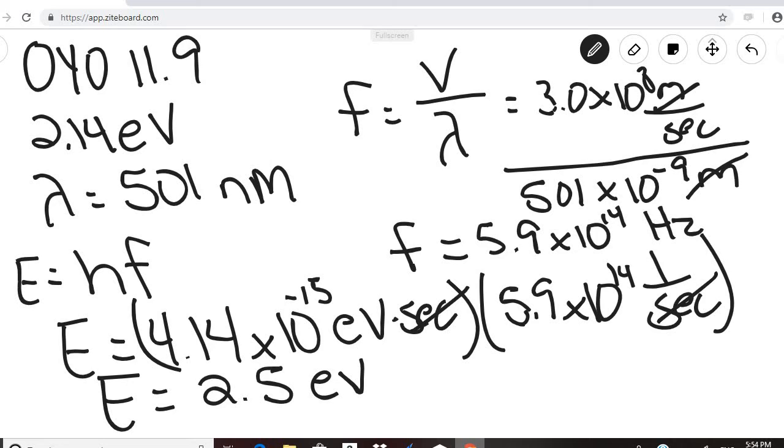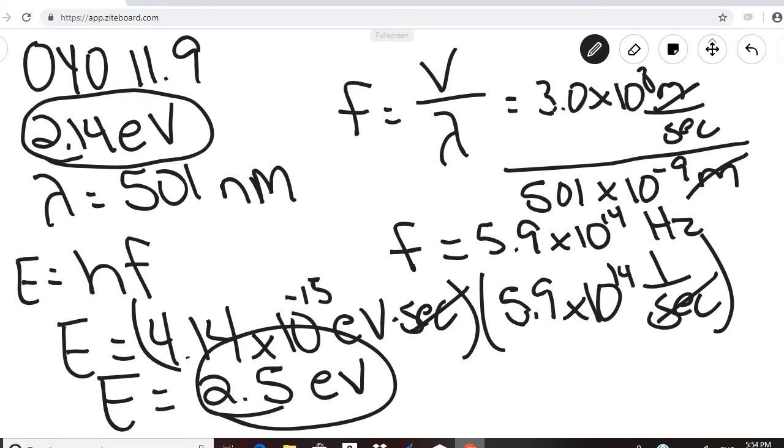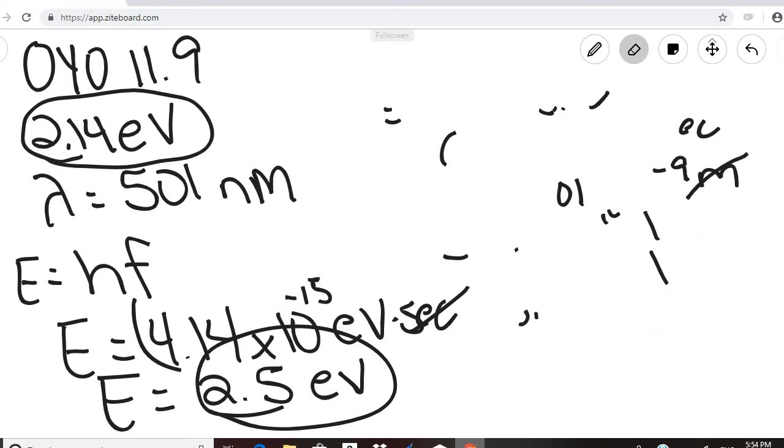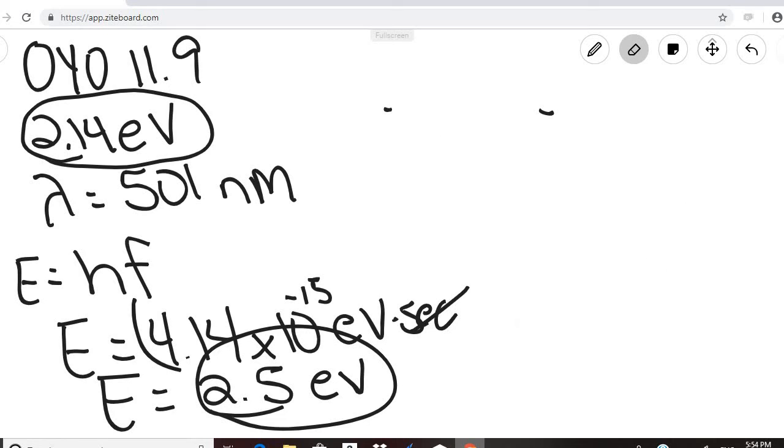Okay, so this is the energy of the green light shining on cesium, and it takes 2.14 electron volts for the electrons to escape. So we take the difference between those two to give us the maximum kinetic energy that the electrons could have as they come off of that cesium metal.